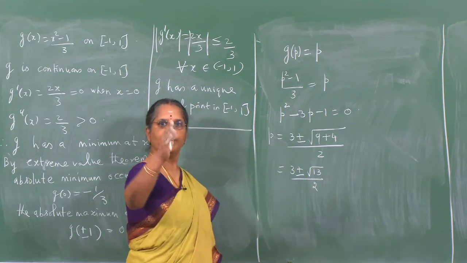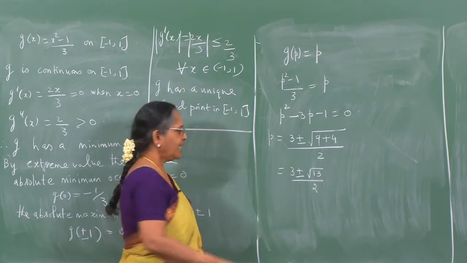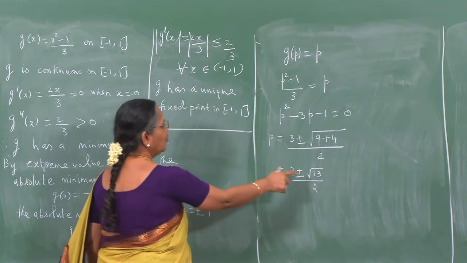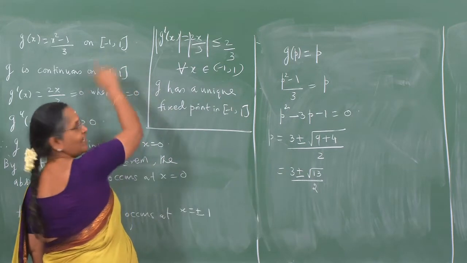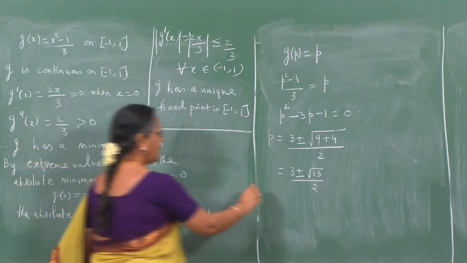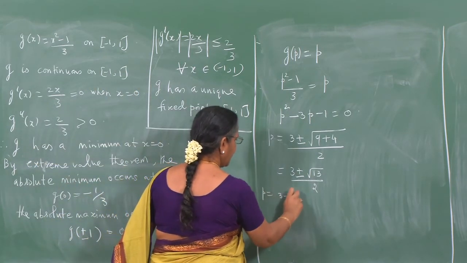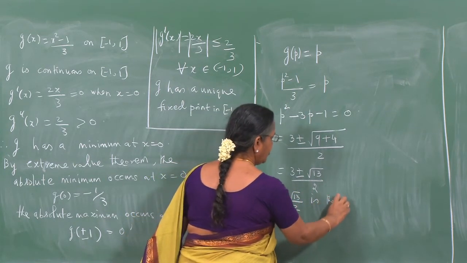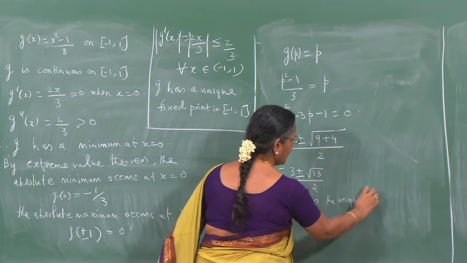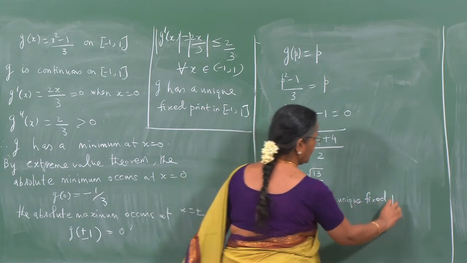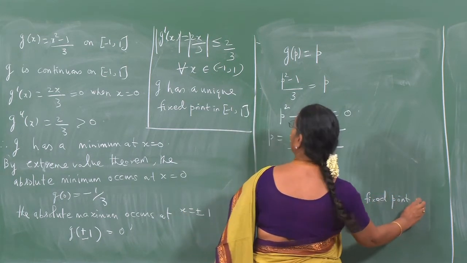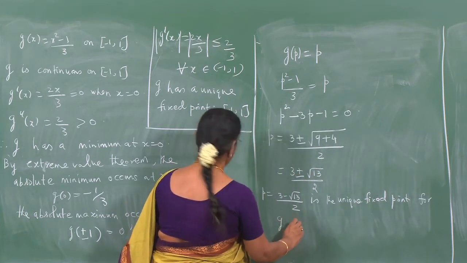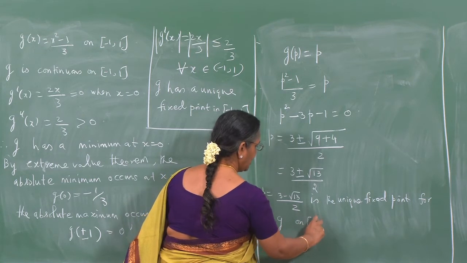So, one value is 3 plus root 13 by 2, and its value will be bigger than 3, and the other one is 3 minus root 13 by 2, whose value will be less than 1. So, p equal to 3 minus root 13 by 2 is the unique fixed point for this function g in the interval minus 1 to 1.